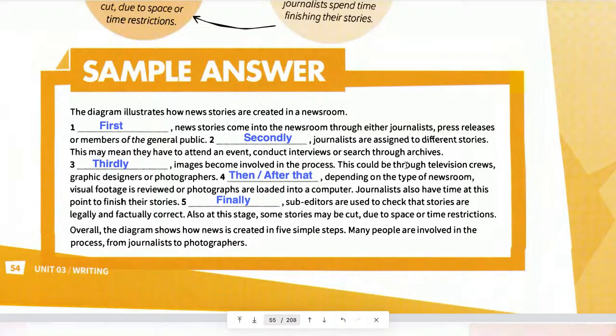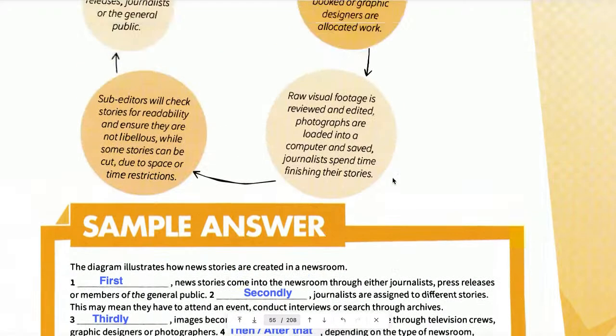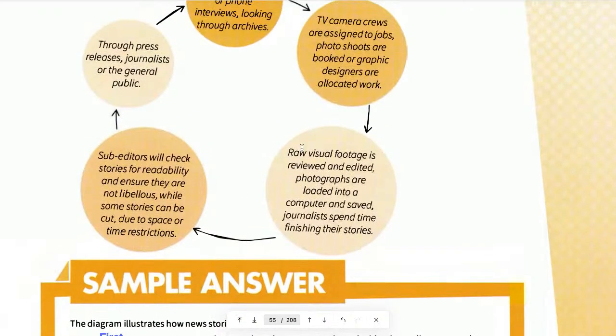You write it step by step, right? For a diagram, you need to write step by step. You write step 1. What is step 1 here? Yeah, through press releases, journalists, and the general public. That's step 1, right? And after step 1, you need to write step 2, 3, 4, 5, right?